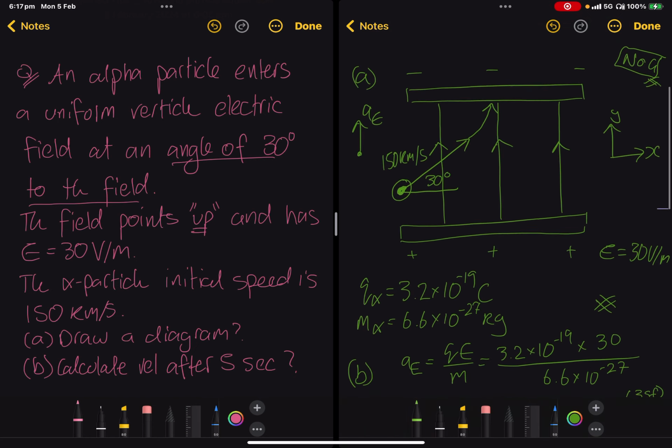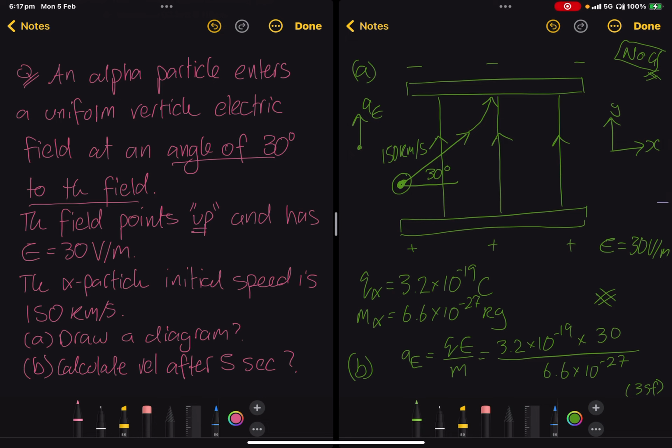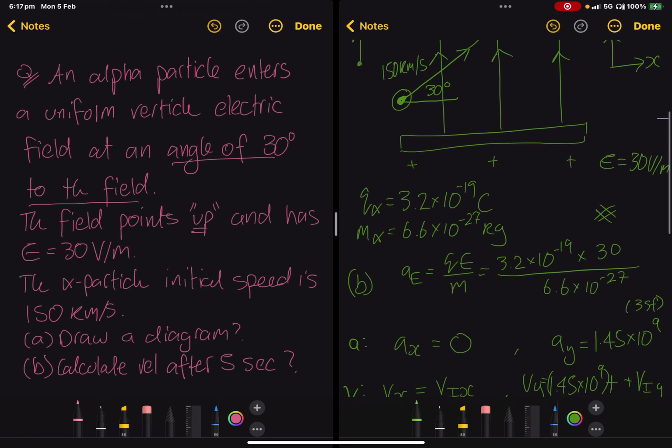So when we went through this question, we set up what it was that we were going to find. We tried to find the acceleration from the field. This was based on the strength of the field, the charge of the particle, and then the mass. We then identified based on that what direction it was going to travel.